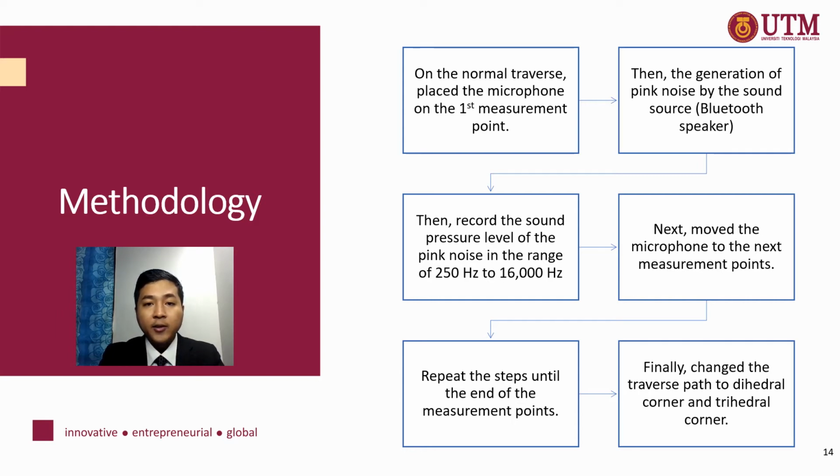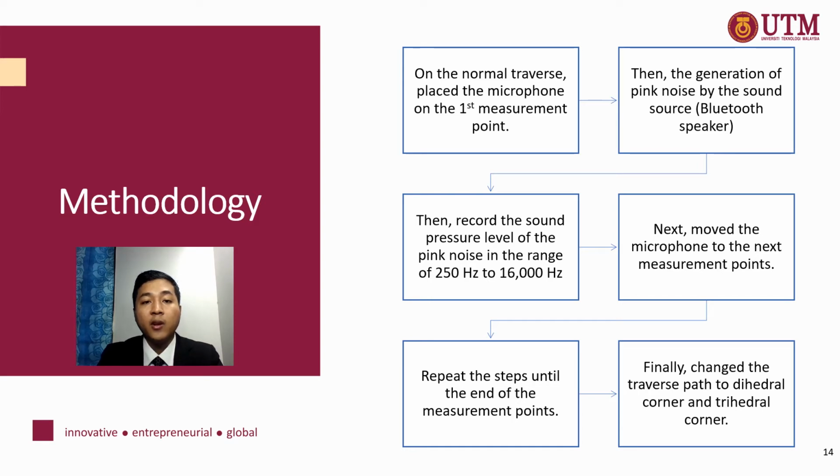On the right side is the procedure for the performance measurement. The first step is on the normal traverse. I place the microphone traverse on the first measurement point, and then I will start to generate the ping noise by the sound source, and I will record the sound pressure level of ping noise from around 250 Hz until 16,000 Hz.